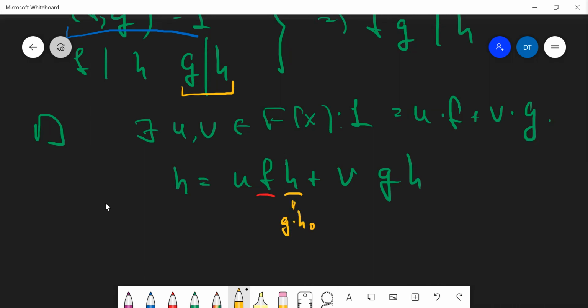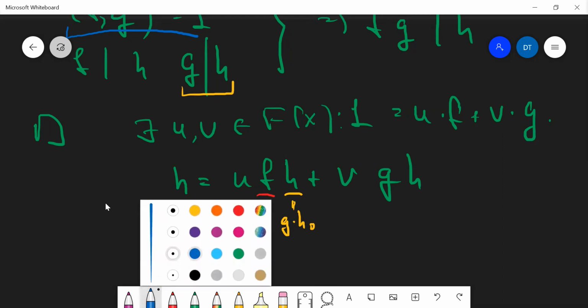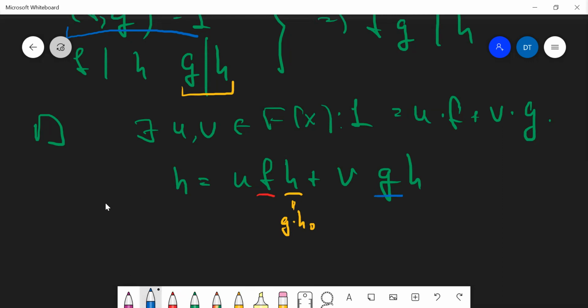For the other summand, here is your G, but this guy is divisible by F. So by definition, it's represented as F times some H1.